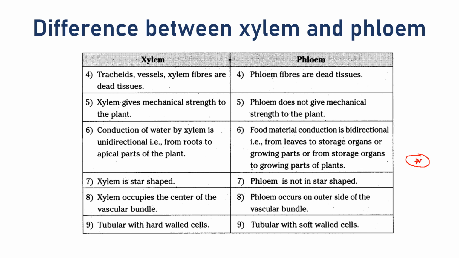Xylem is right in the middle of this trunk, and you will find the phloem vascular bundle on the outer part of the plant. So this is what is explained in this point: xylem occupies the center of the vascular bundle and phloem occurs on the outer side of the vascular bundle.